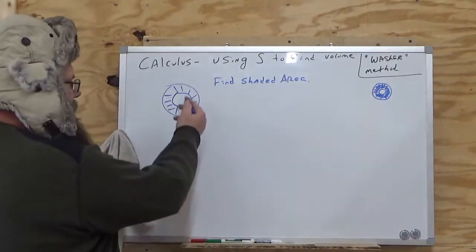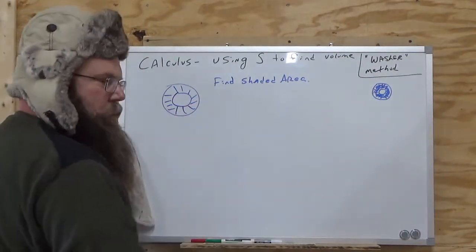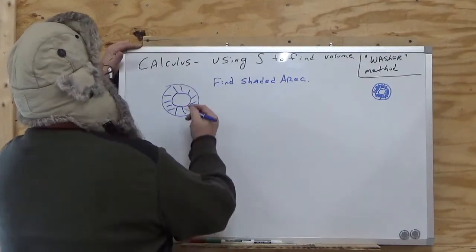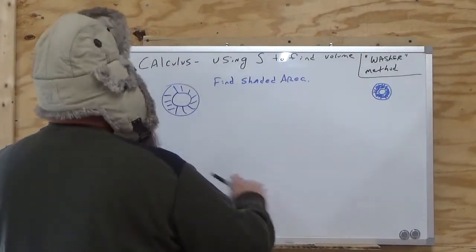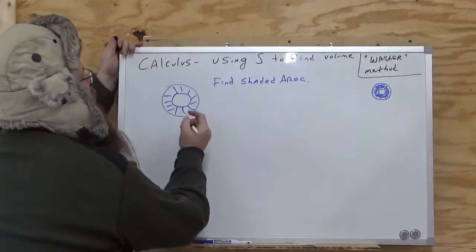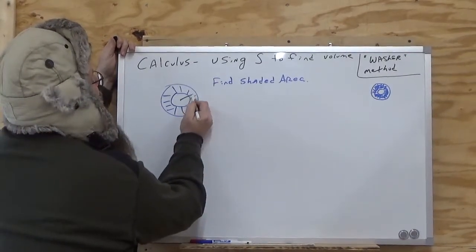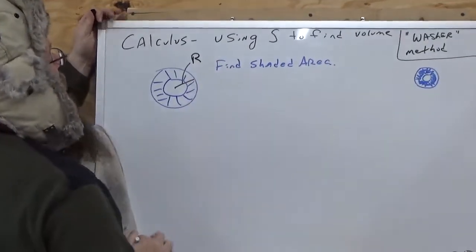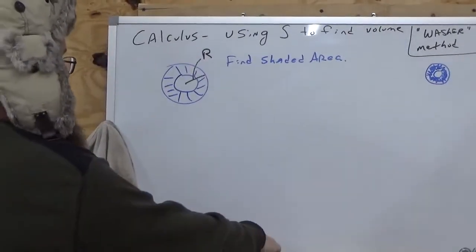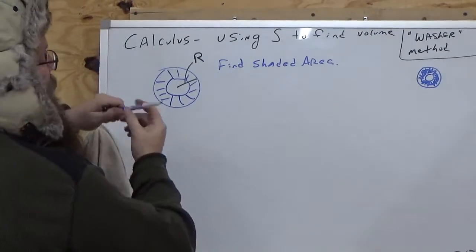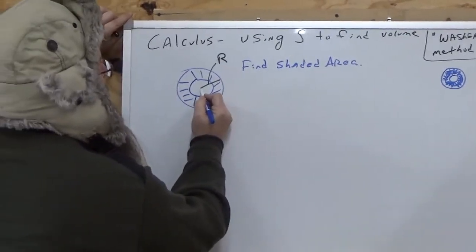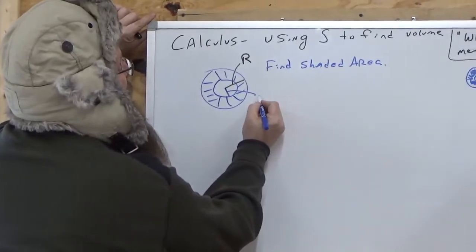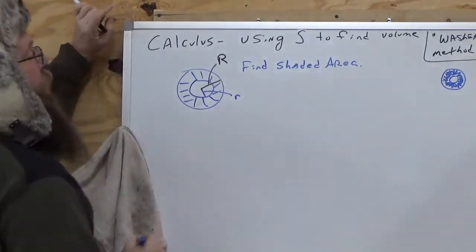How would you find this area? These are 2 circles. From the center to the outside edge, that's the big radius, R. And the center to this smaller circle, that's a smaller radius, lowercase r.